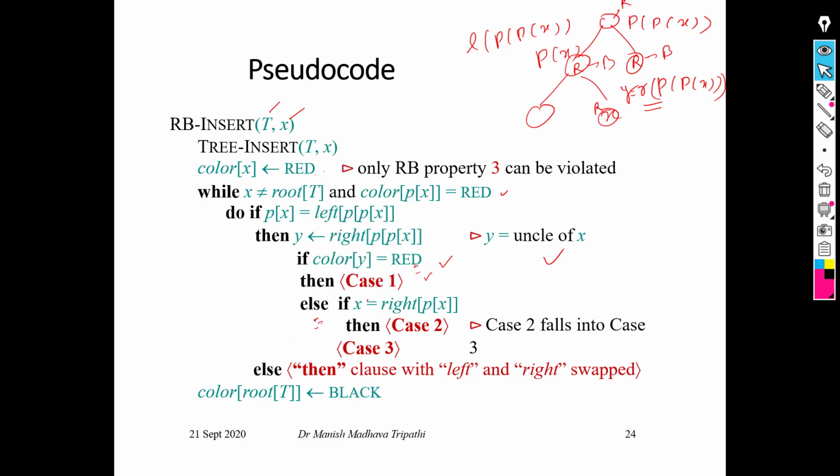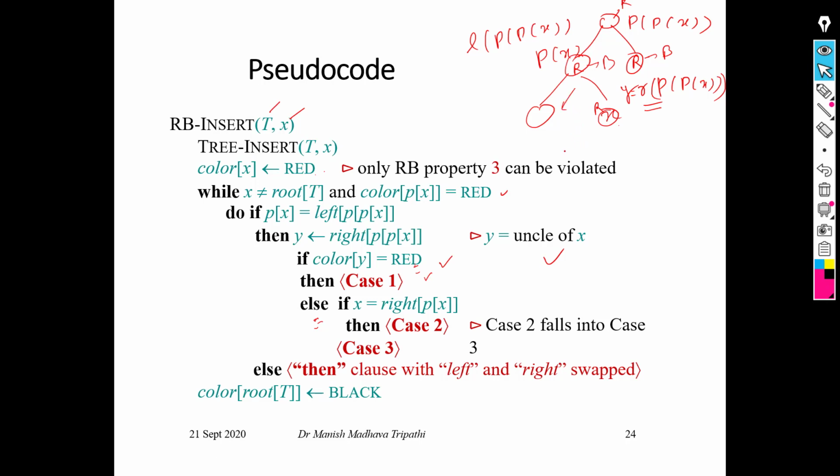Again, there are two kinds of situations: x is either the right child of its parent or the left child of its parent. If x is the right child of its parent, this will be case number 2, and if x is the left child of its parent, it will be case number 3.